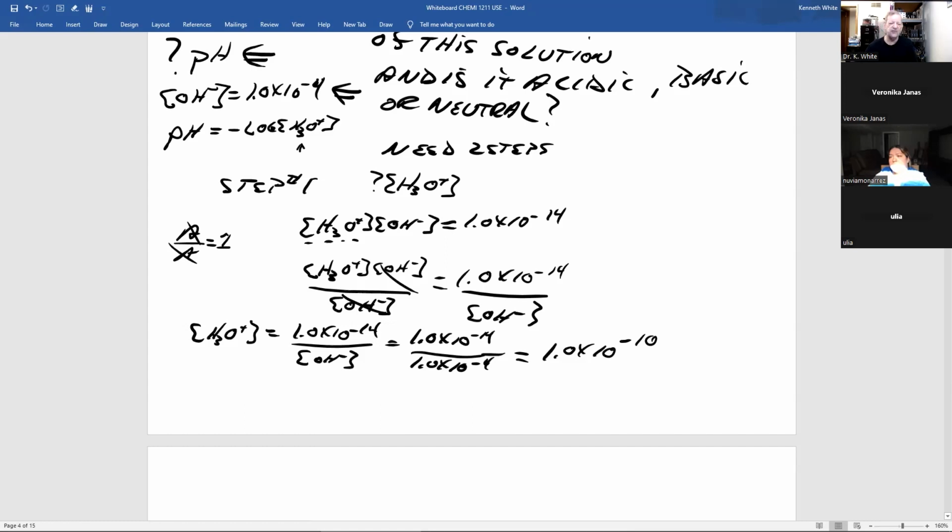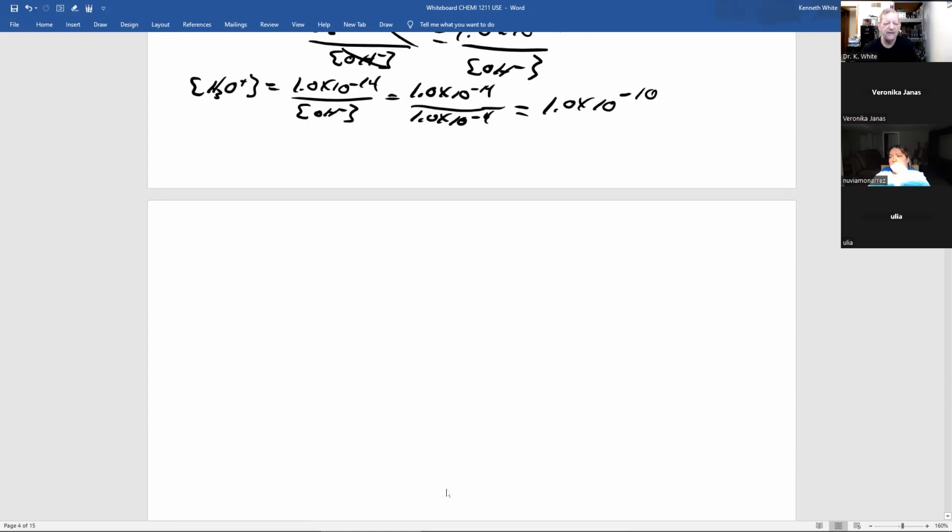And now I'll do step 2. Determine pH. And remember, pH equals minus the log of the hydronium ion concentration.